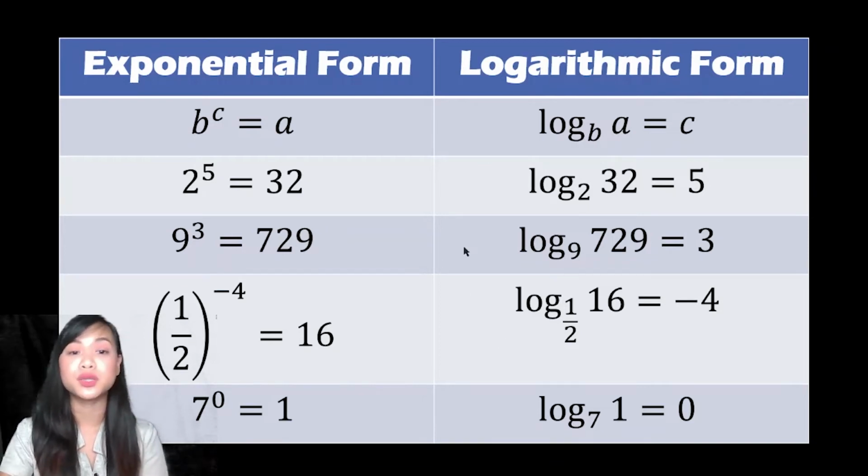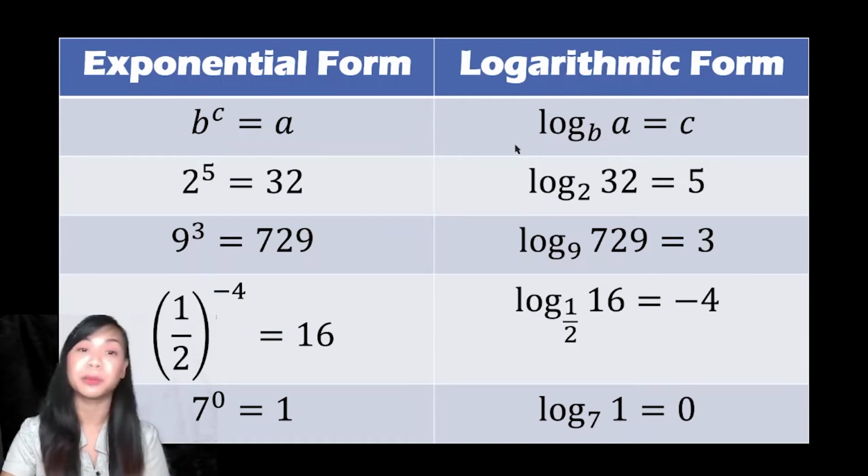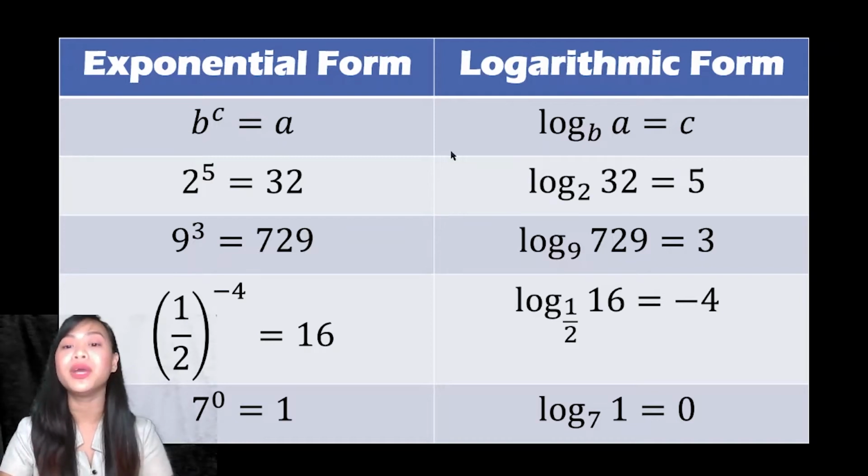We have already encountered that in our previous topic. The counterpart, or inverse, of the exponential form is the logarithmic form: log base B of A equals the exponent C.